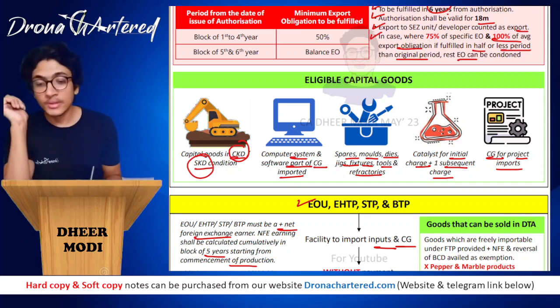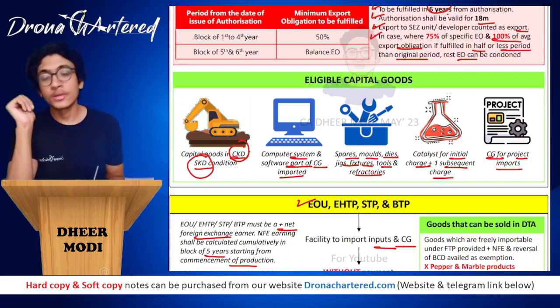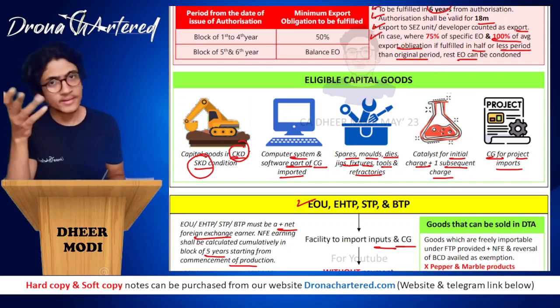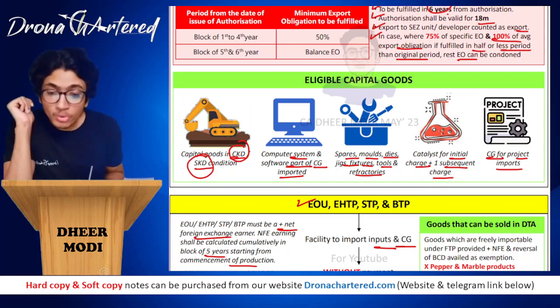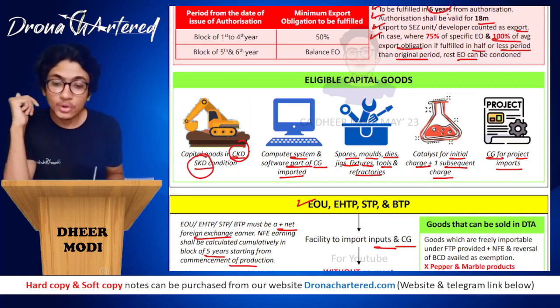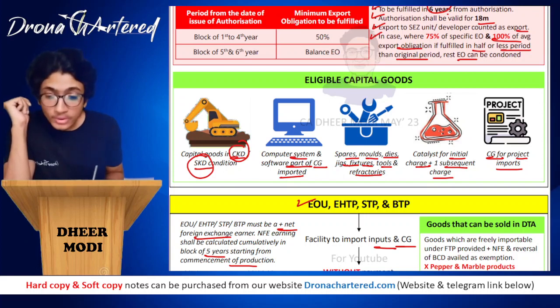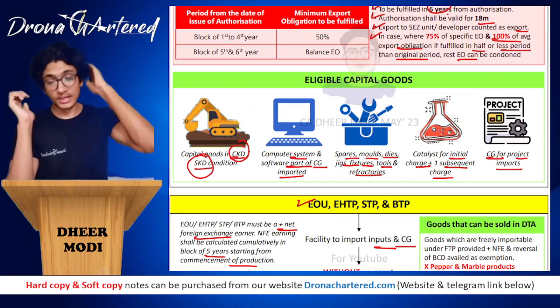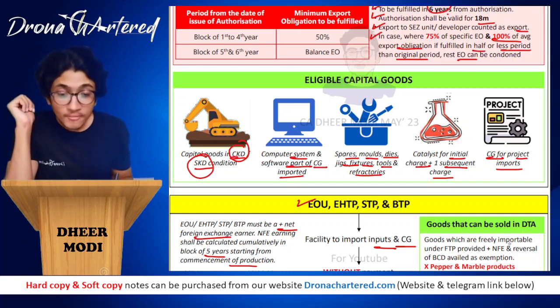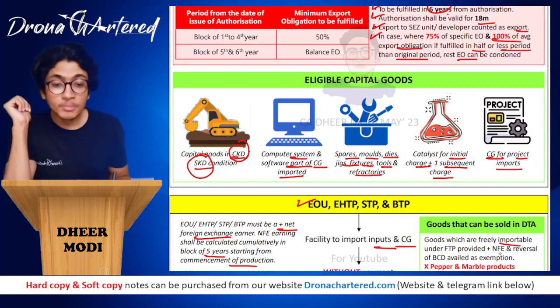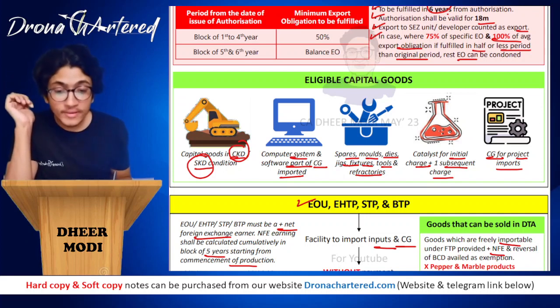Okay, I hope you have studied all of this while studying your economic laws, and in FEMA you studied the EEFC account. Sale of rejects may be sold in DTA up to 5% of FOB value of exports without the positive NFE earning condition. Now goods can be sold in DTA, that is goods which are freely importable under FTP, provided positive NFE and reversal of BCD availed as exemption.